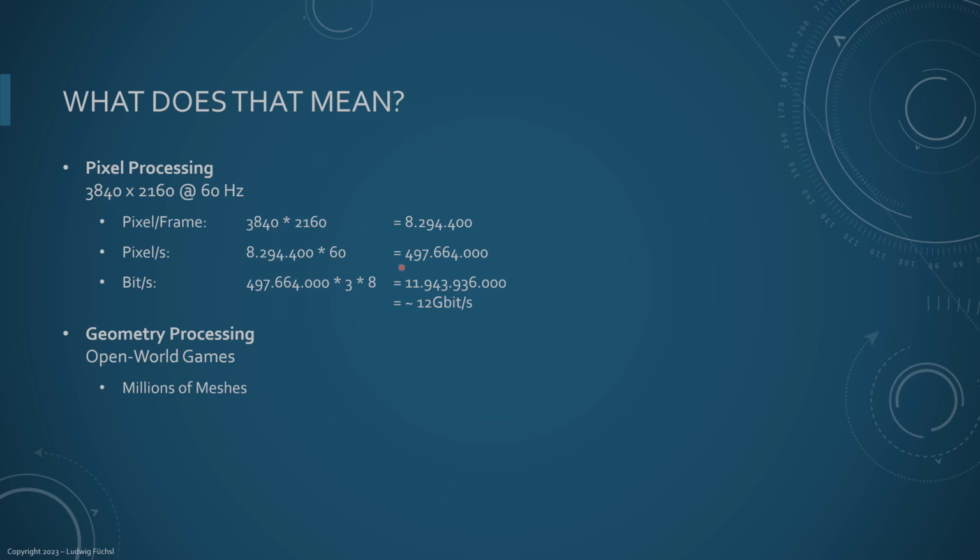And you need 3 of them. 3 times 8 bits, multiplied by the 500 million pixels that we already have, and you're going to end up with that big number: 12 billion bits per second.